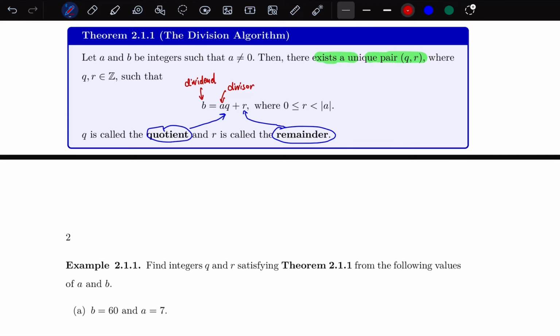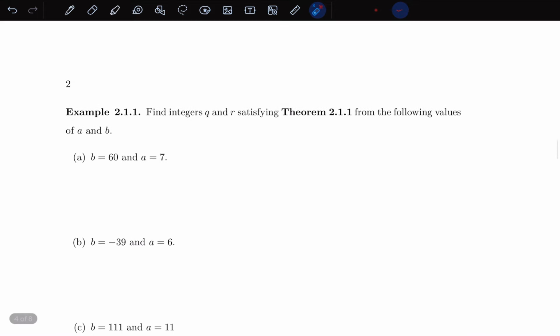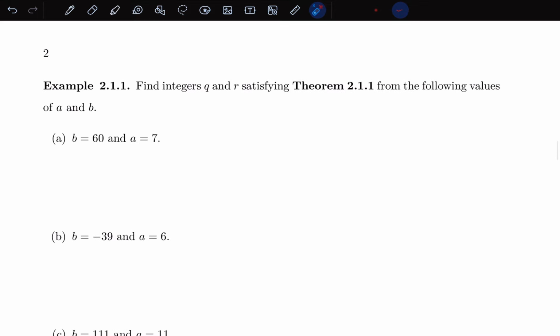Today we are going to use the division algorithm to find the quotient and the remainder from the two given numbers. Take a look at this example 2.1.1. We need to find quotient and the remainder satisfying theorem 2.1.1 from the following values of A and B. So we start with B, which is 60, and A is 7.